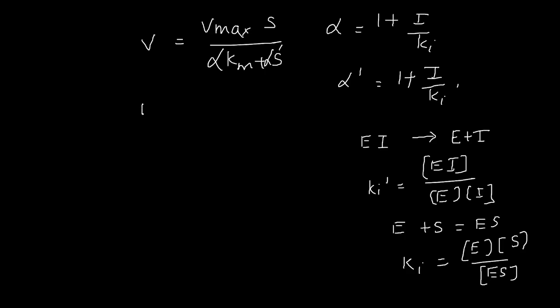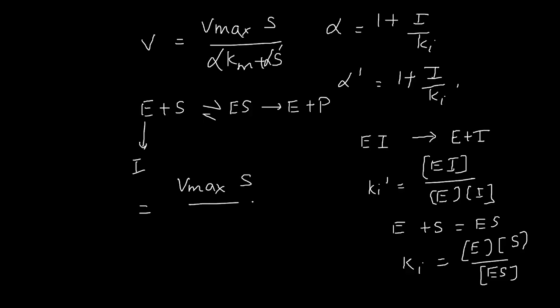Inhibitor is binding only to the, this is the formula, right? E plus P, and the inhibitor is also binding to the same site. Okay. But the inhibitor is not binding to the ES complex, so this alpha prime value is just 1. So you will be having the value which is Vmax S divided by alpha Km plus S. Okay.